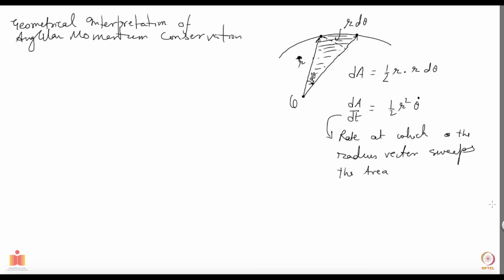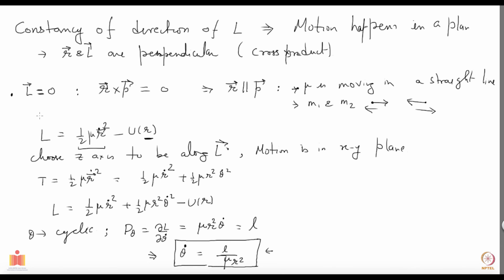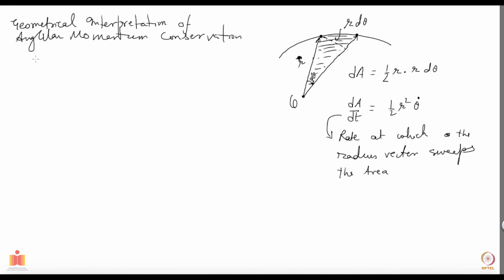Let's see what our angular momentum conservation implies about this rate, dA over dt. Okay, so here I had found theta dot to be L over mu r square, where L is a constant.